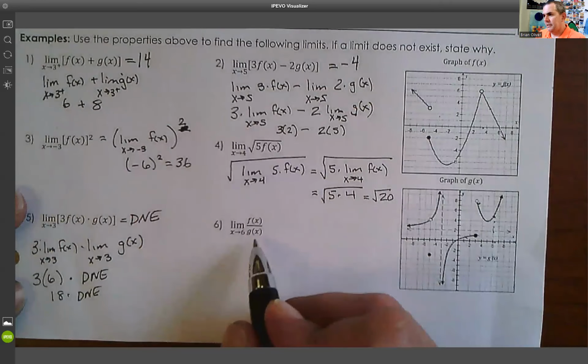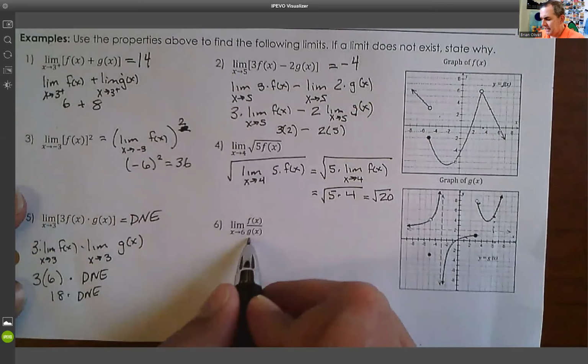Last one, the big thing to focus on in this one is let's start with the denominator. If the denominator becomes 0, because what I can do is change this into the limit of f of x as x approaches 6, over the limit of g of x as x approaches 6. So first thing I'm going to do is start with the denominator, make sure it's not 0.